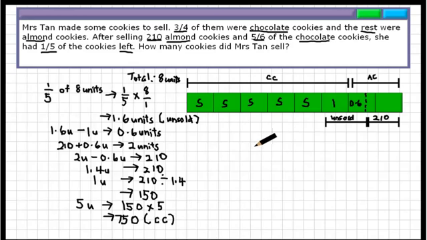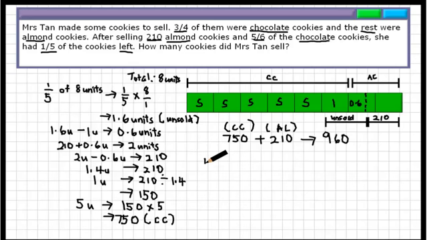Now we know 750 chocolate cookies were sold, and that 210 almond cookies were sold. We can therefore find the total amount of cookies sold by Mrs. Tan. That would be 750 of chocolate cookies plus 210 of almond cookies, and this would give us 960 cookies.